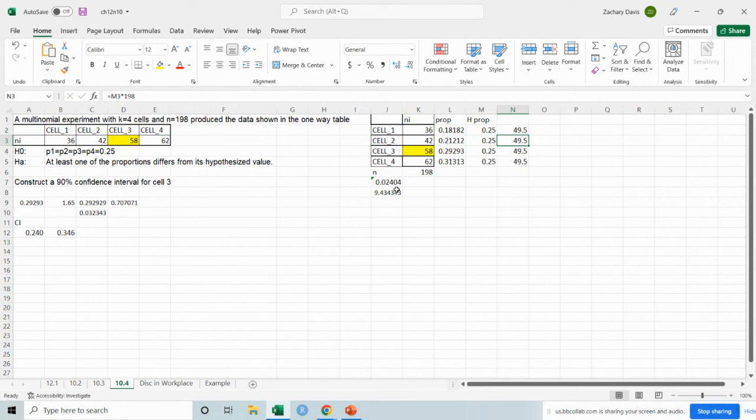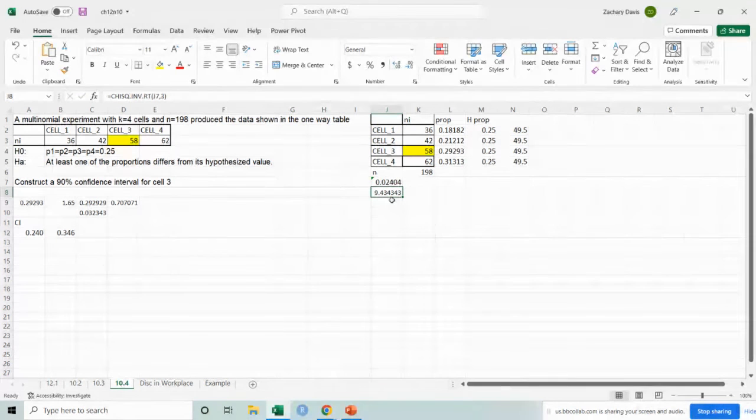So you'll see, just like in the previous example, when we run the chi-squared test against these two arrays, we get 0.02. So if that was all we were interested in, that 0.02 is less than 0.05 or even 0.1, so we would reject the null hypothesis in that case.